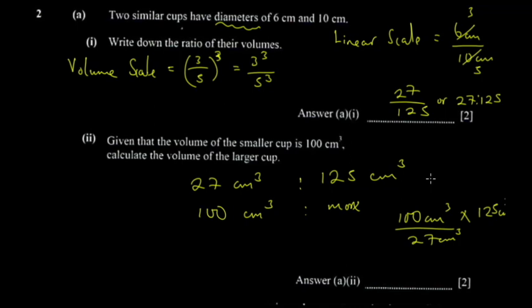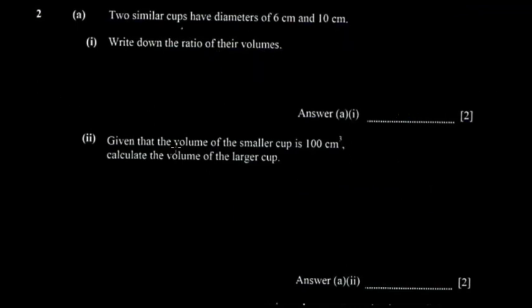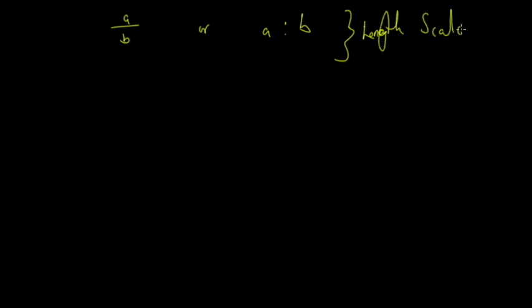But essentially, just to recap, what we're doing here was we say that there's something called length scale. Length scale is usually, let's say, A over B, or A is to B, like this. This is length scale, or simply scale factor.